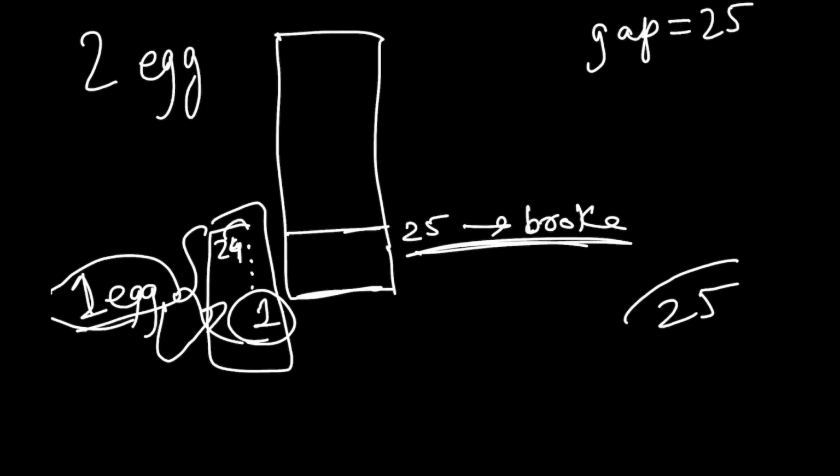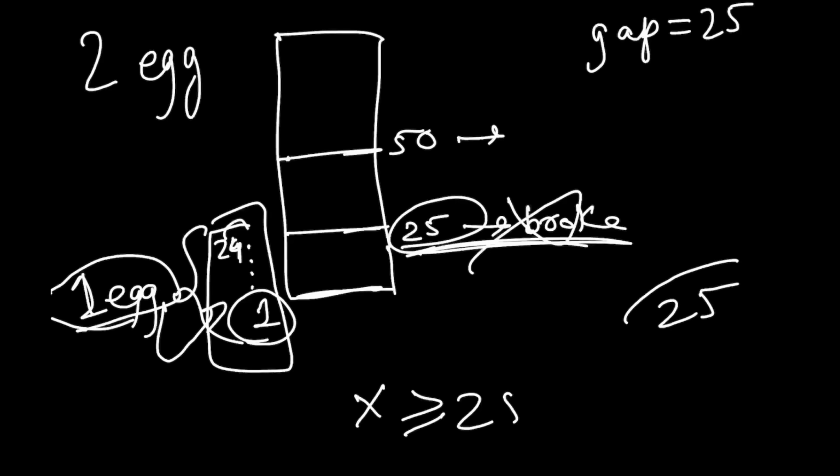Let's say it didn't break on 25. If this doesn't happen, then I jump all the way up to 50 and try to break my egg. If it does break on floor 50, well, I know it didn't break on 25, so x could be 25 or greater. I know that it did break on 50, so x is less than 50. And now I am left with one egg only.